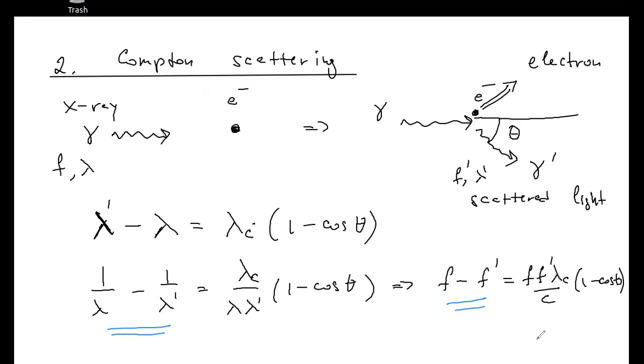And we can try to explain this from the photon point of view. What if you don't have an electromagnetic wave, but you have this E gamma, like a photon? And then you have an electron, so you have basically a head-on collision of two particles.